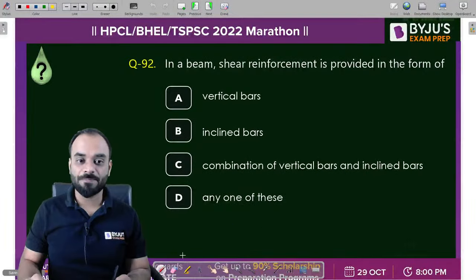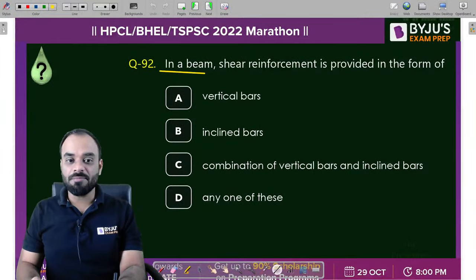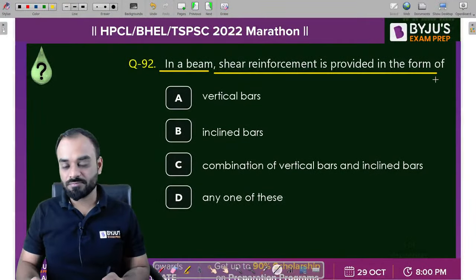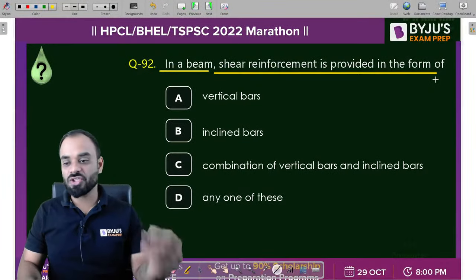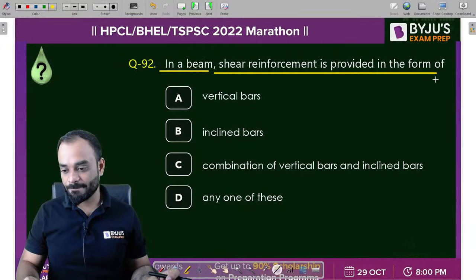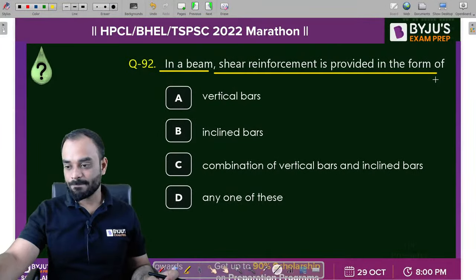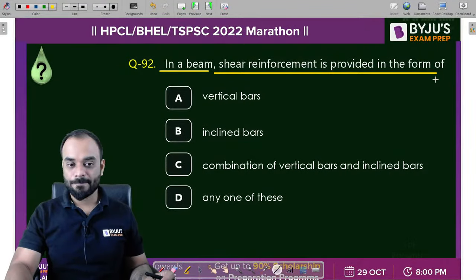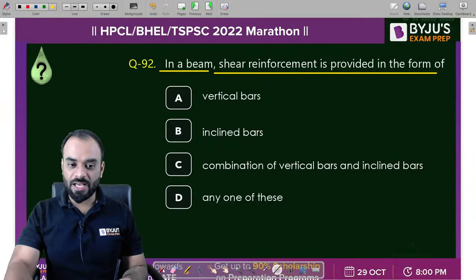Next question, guys. In a beam, shear reinforcement is provided in the form of what? In which form can you provide the shear reinforcement? D, any of them.